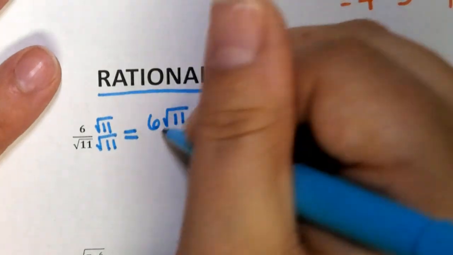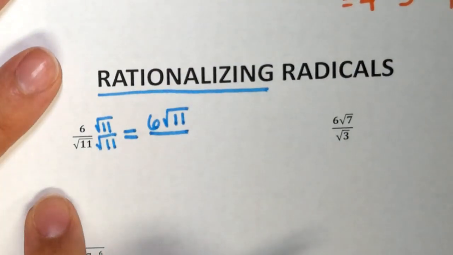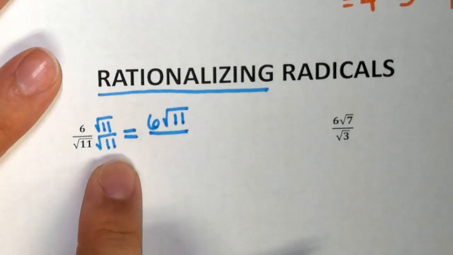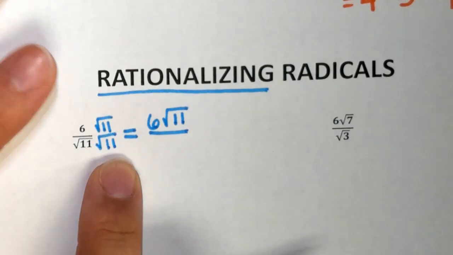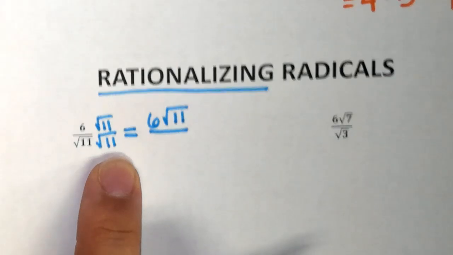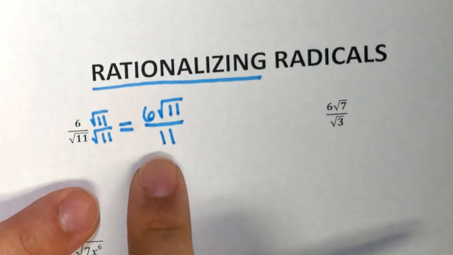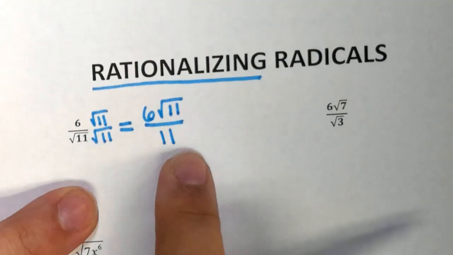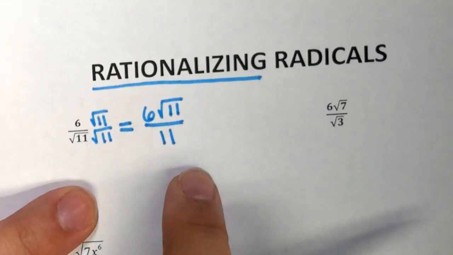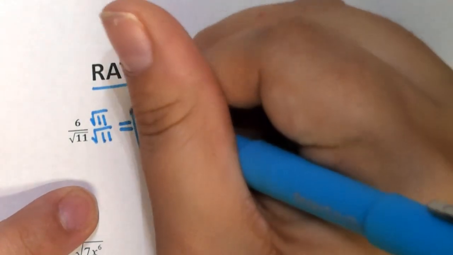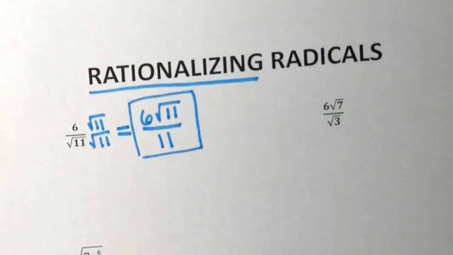What's going to be left on bottom? Why? What is 11 times 11? 121 or 11 squared. And what is the square root of 11 squared? When you rationalize, this number that's in the radicand should always just be the number on the bottom. And y'all, we're done.